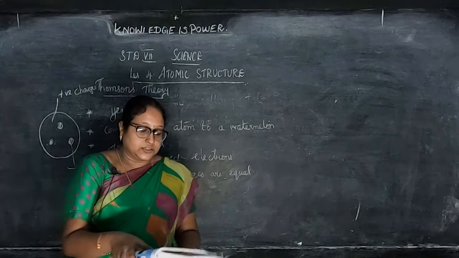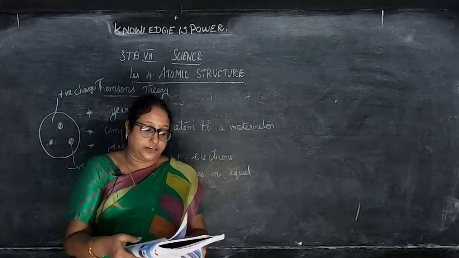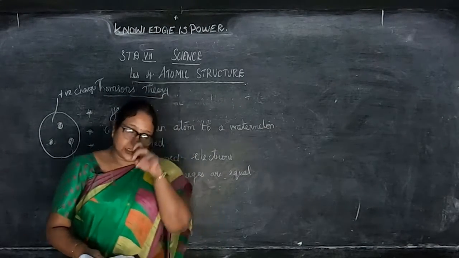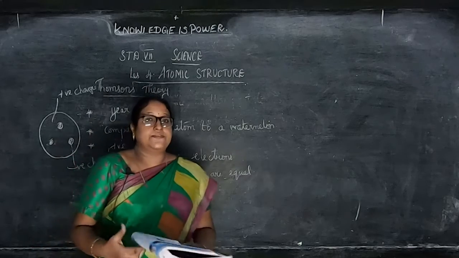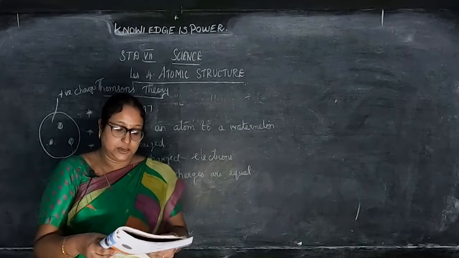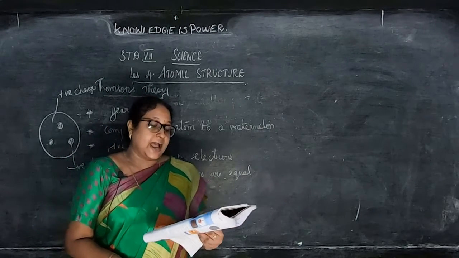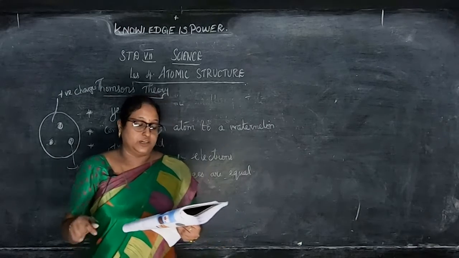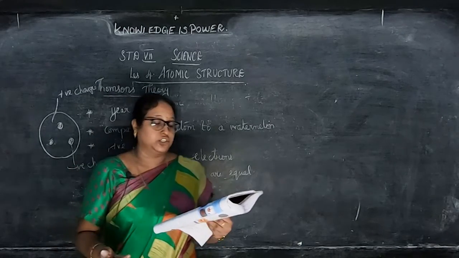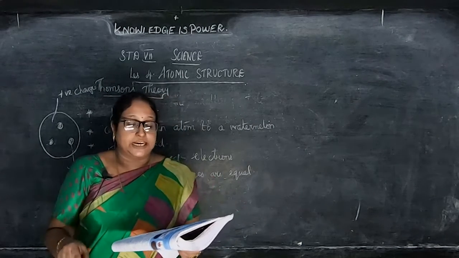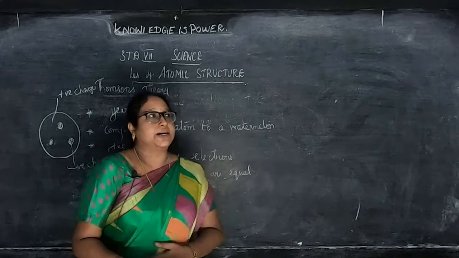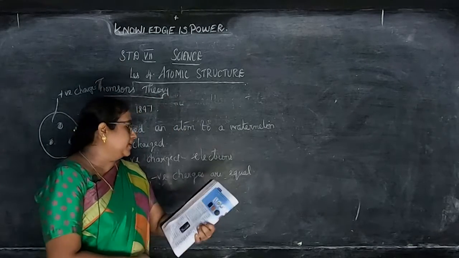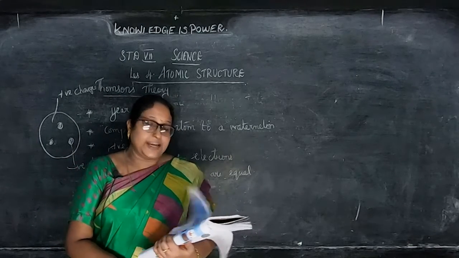Okay, children. So Thomson's greatest contribution was to prove the existence of negatively charged particles, or electrons, in an atom by experiment. What did he prove? The existence of the negatively charged particles, nothing but the electrons, by experiment.